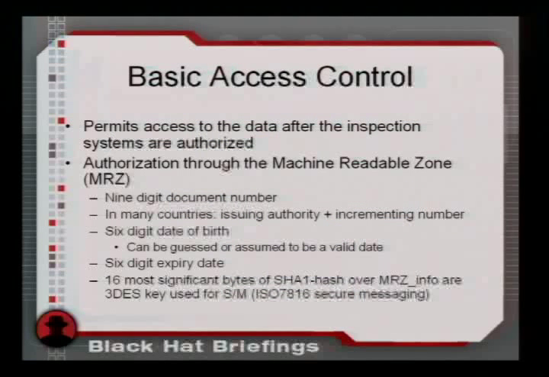Now we have something more. It's called basic access control. This system is to permit access to the data after the inspection system is authorized, so authorization to the machine-readable zone. To get the data actually out of an RFID passport with basic access control, you need the 9-digit document number. In many countries, it's the issuing authority and the incrementing number.